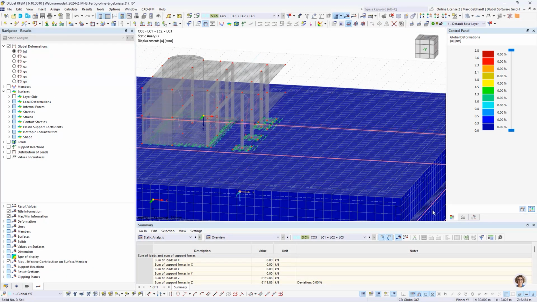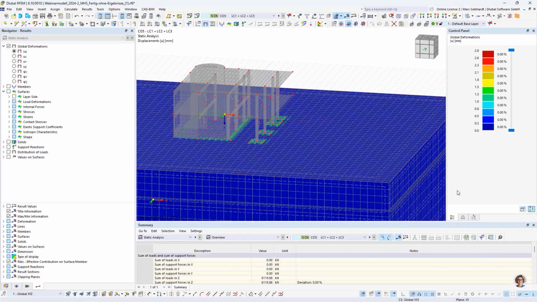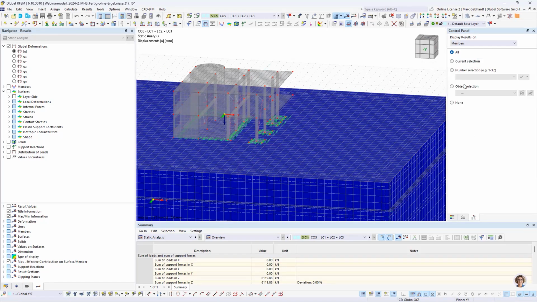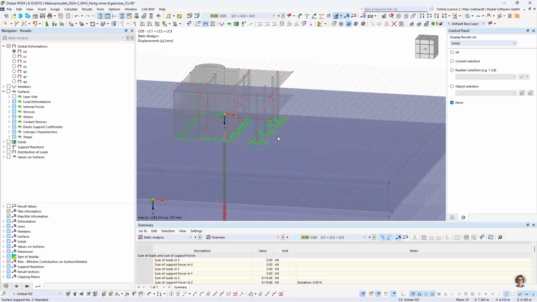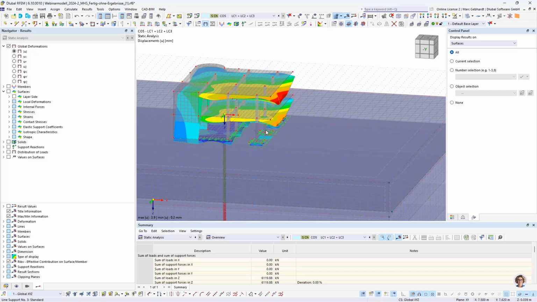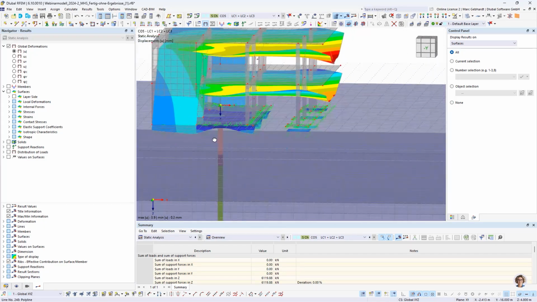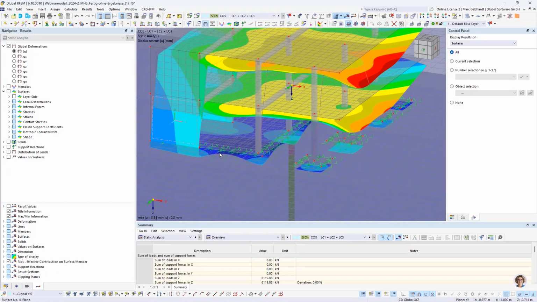But now we will see global deformations and can deselect all solids because they don't interest us at this moment, but would show all surfaces. Now we see the overall behavior is like it was for 3D.